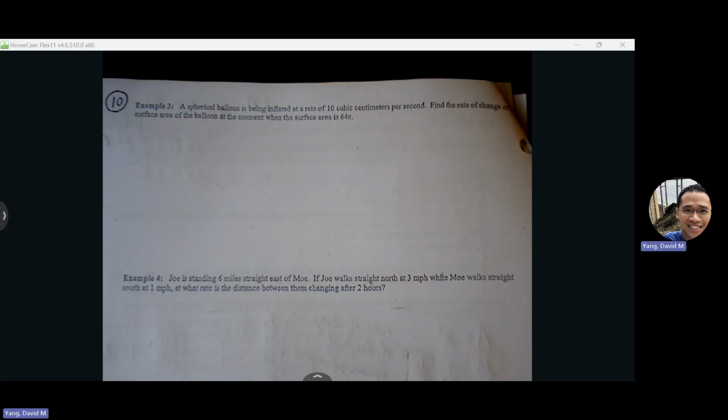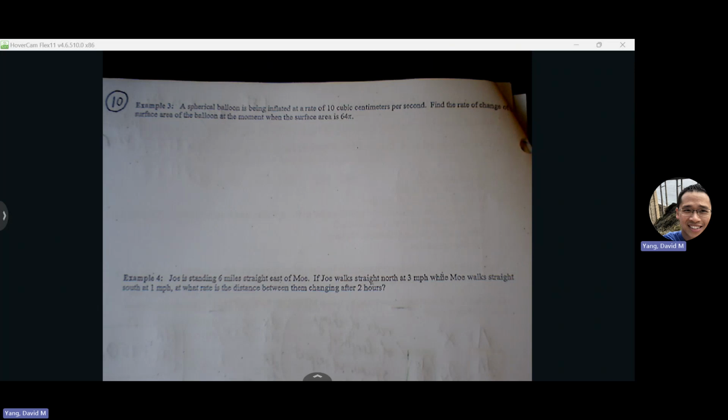Find the rate of change of the surface area of the balloon at the moment when the surface area is 64 pi.